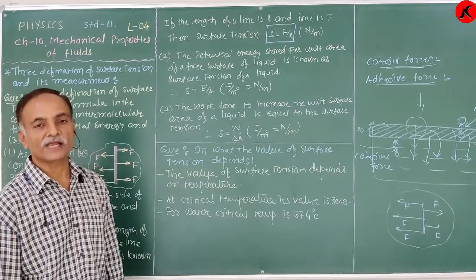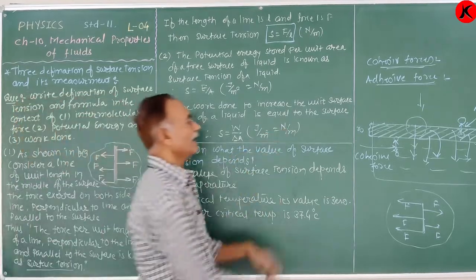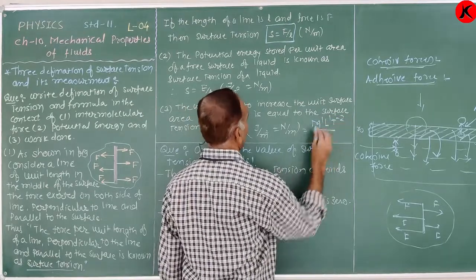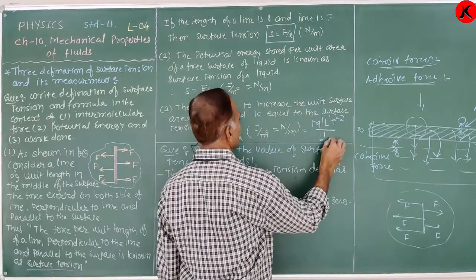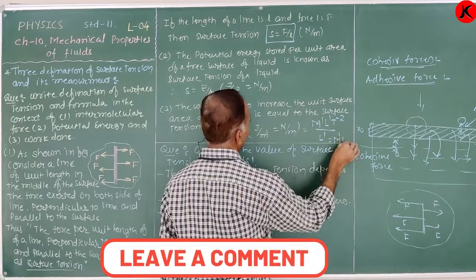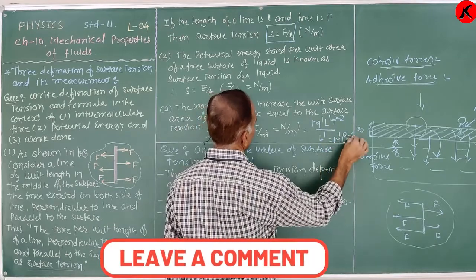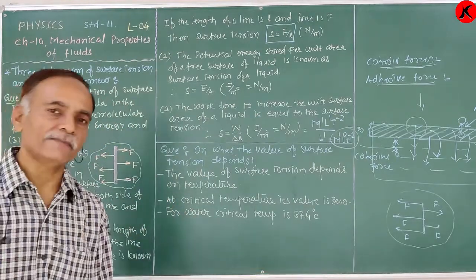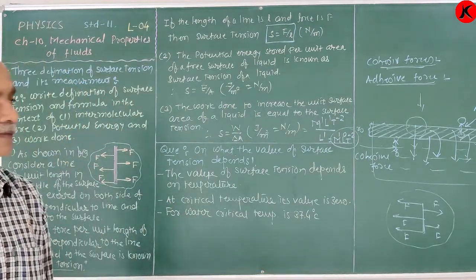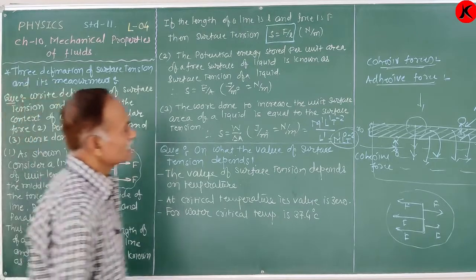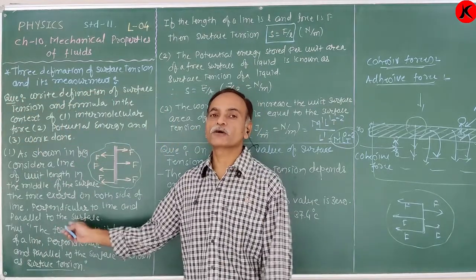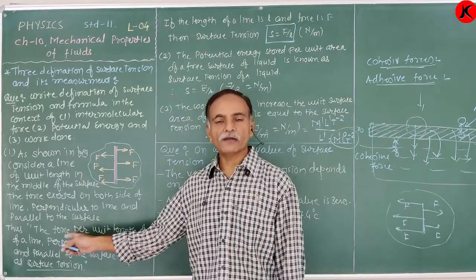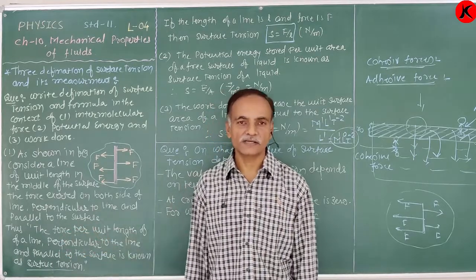And the dimensional formula is: Newton is M1 L1 T minus 2, upon L1 L1 cancels, therefore M1 L0 T minus 2 is the dimensional formula of surface tension. Clear? So there are three definitions. One is the force per unit length of a line, perpendicular to the line and parallel to the surface.